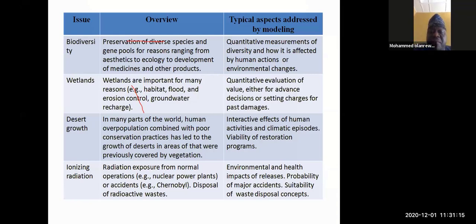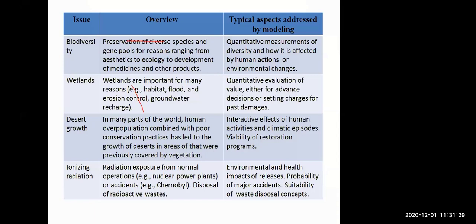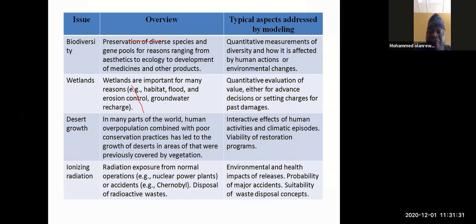Now, wetlands. Wetlands are important for many reasons. Habitat, flood and erosion control, groundwater recharge. Typical aspects that can be addressed by modeling: quantitative evaluation of value, either for advanced decision or setting charges for past damages.